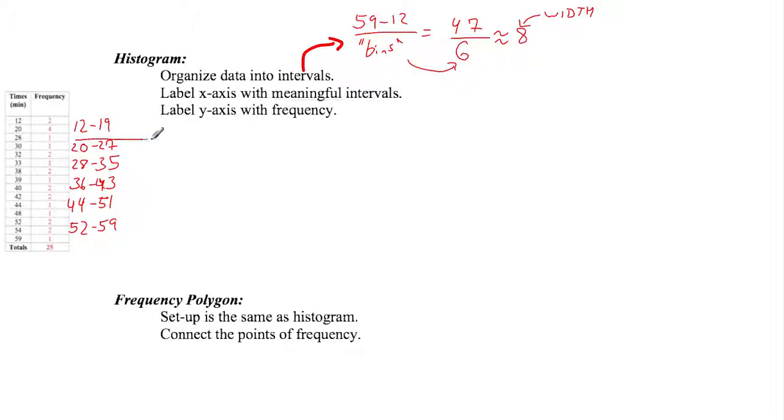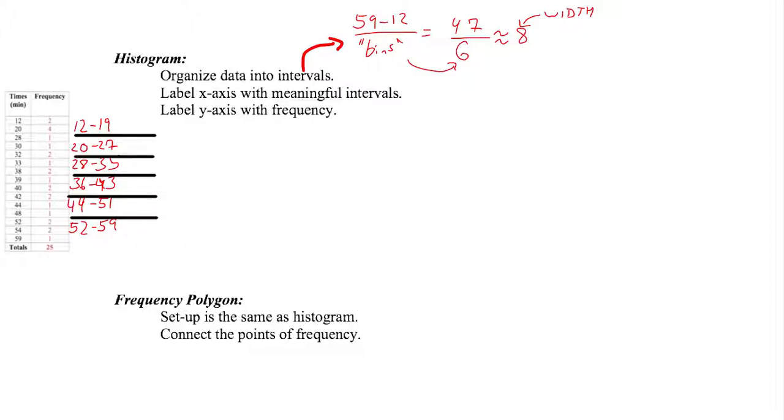Nice intervals there. Now this set of data is actually really nice because these are all integer values. And with these integer values, we don't have to get really complicated with this.